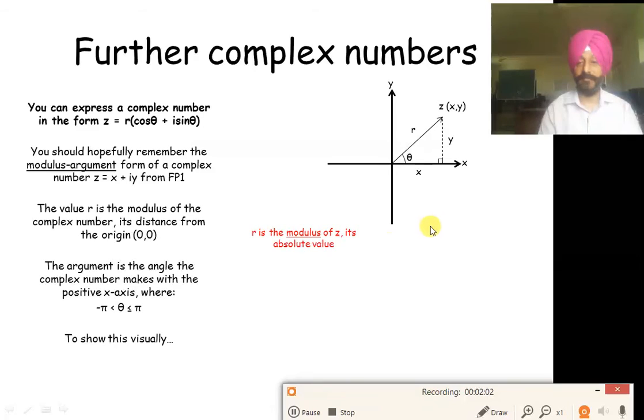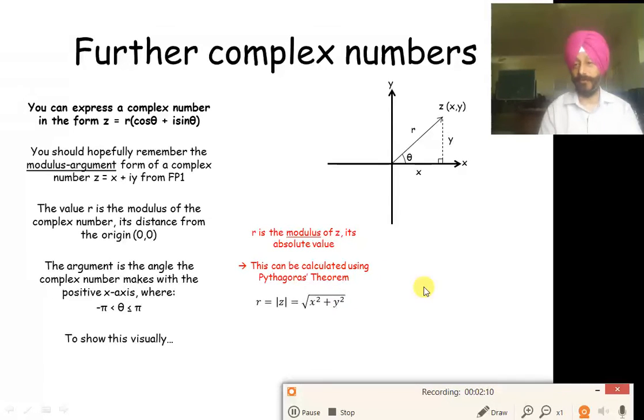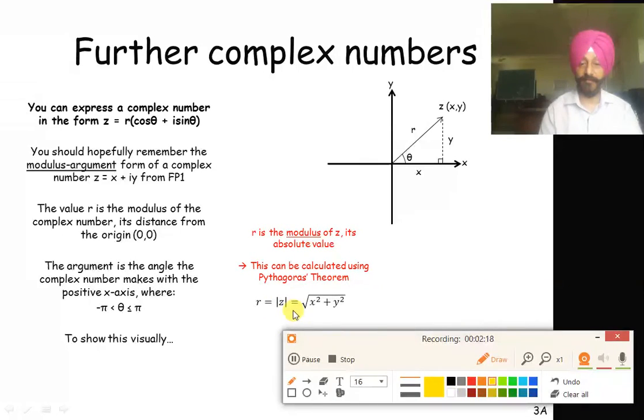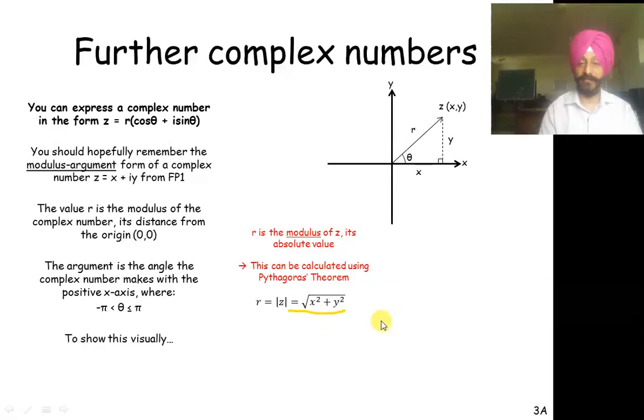So r is the modulus of z, its absolute value. This can be calculated using the Pythagoras theorem: r is equal to modulus of z, which is square root of x square plus y square.